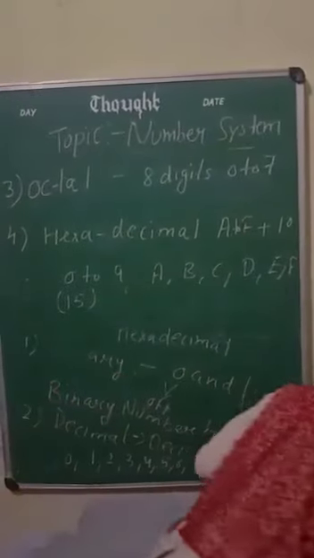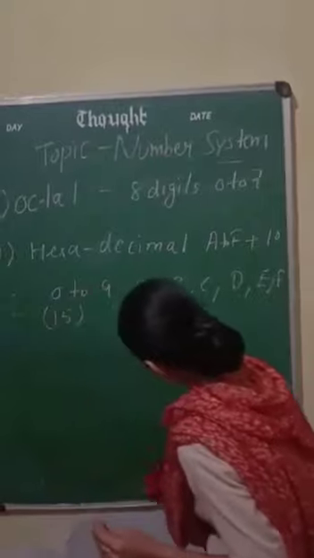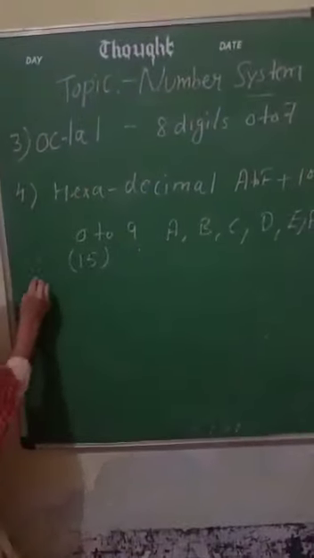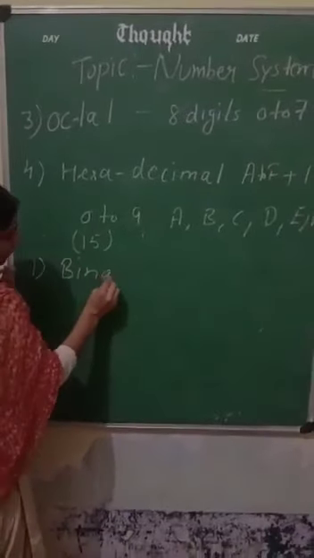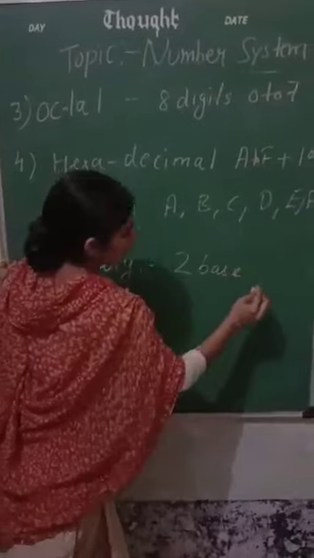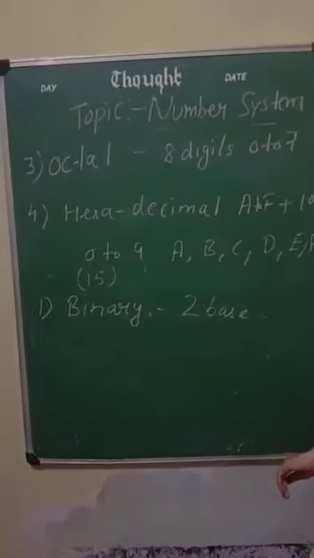In this topic we are discussing 4 number systems: binary, decimal, octal and hexadecimal. Everyone clear? Firstly, binary has base 2 because here we are using 2 digits, 0 and 1.